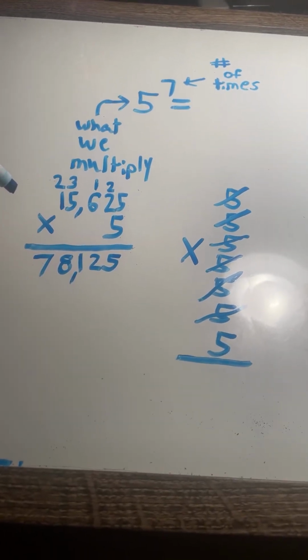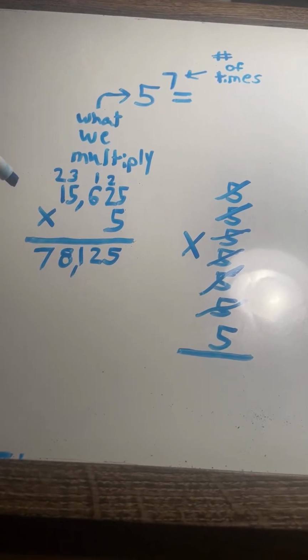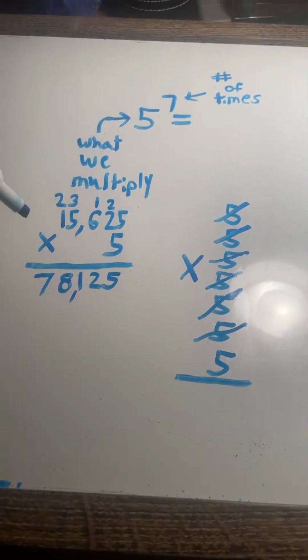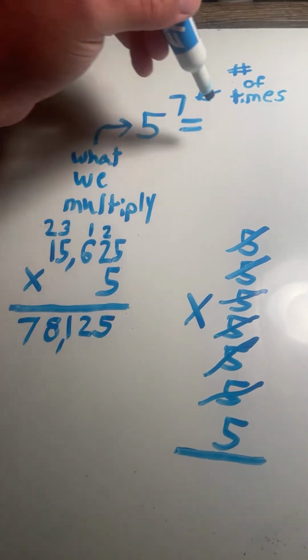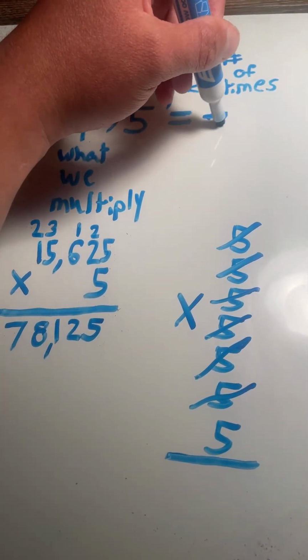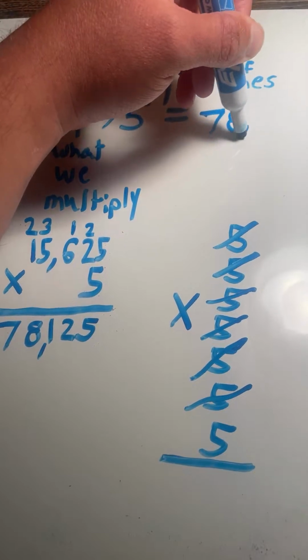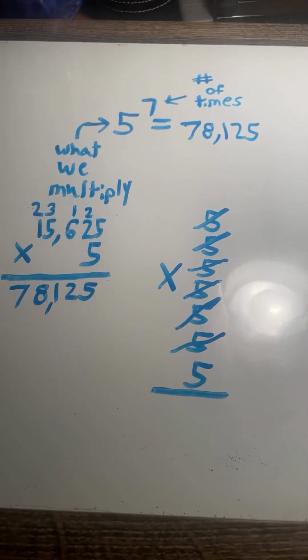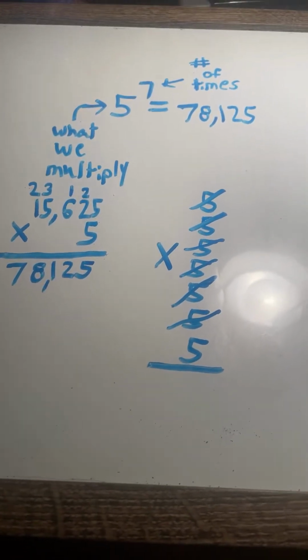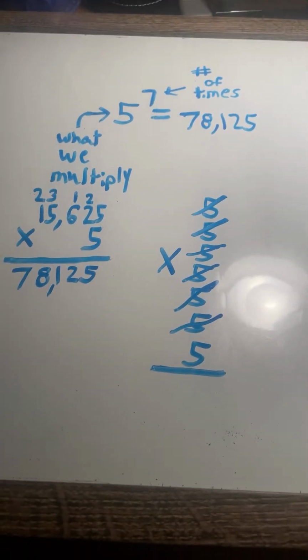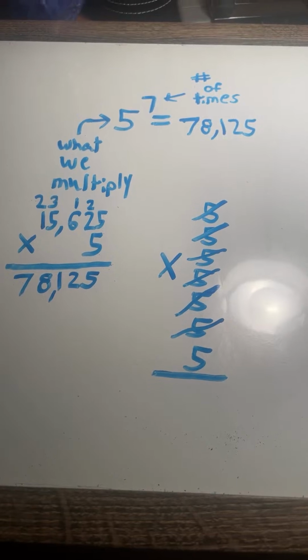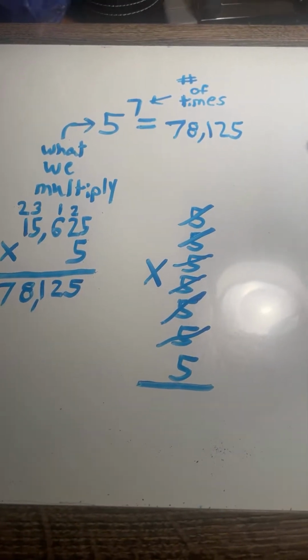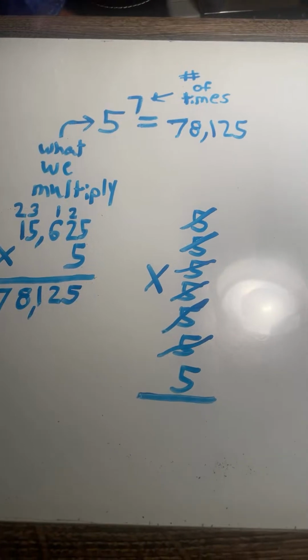So 15,625 times 5 equals 78,125. So 5 to the 7th power equals 78,125.